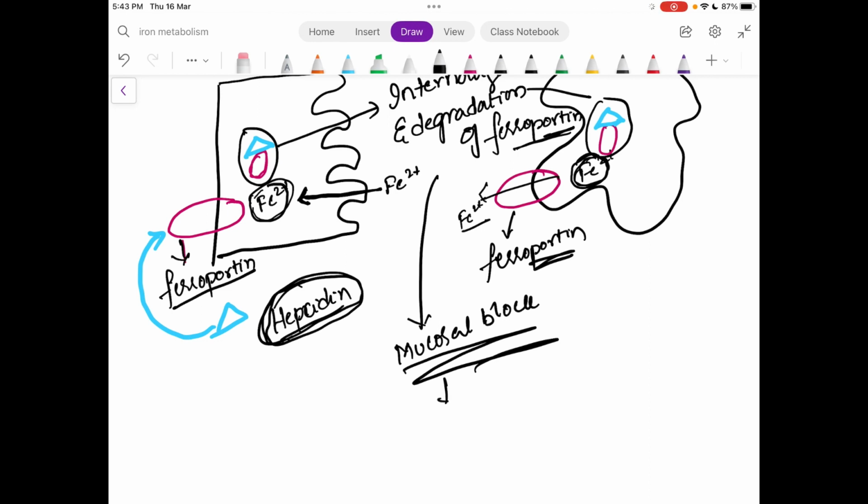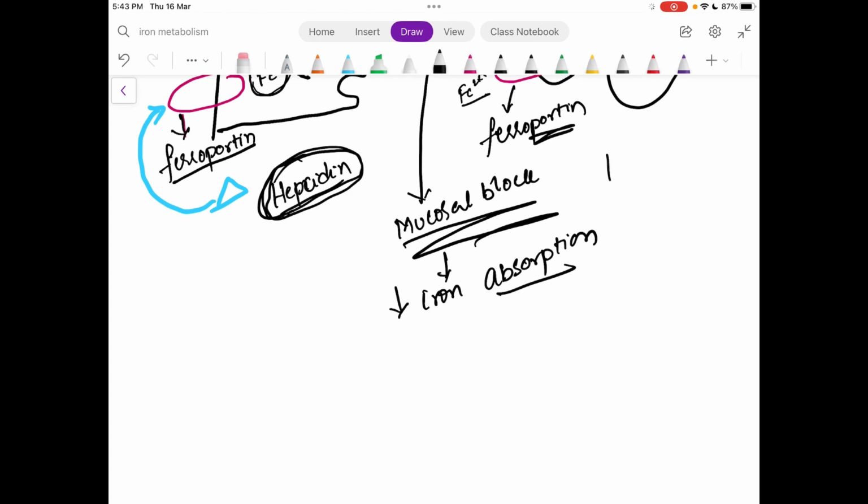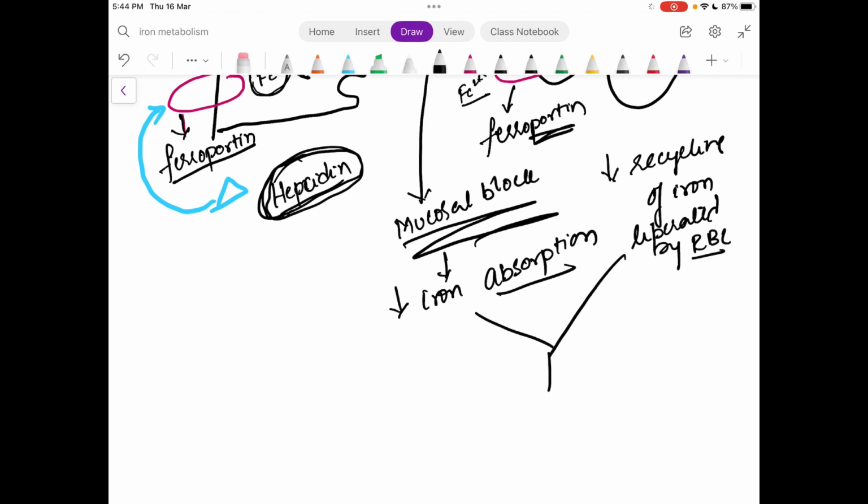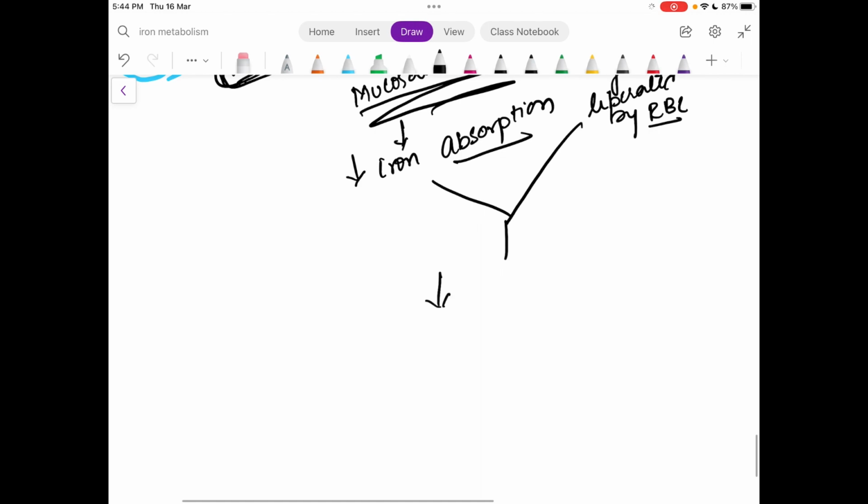So if there is a mucosal block, this will cause decreased iron absorption. And this will cause decreased recycling of iron liberated by RBC. What will happen ultimately? They will decrease circulating iron levels.